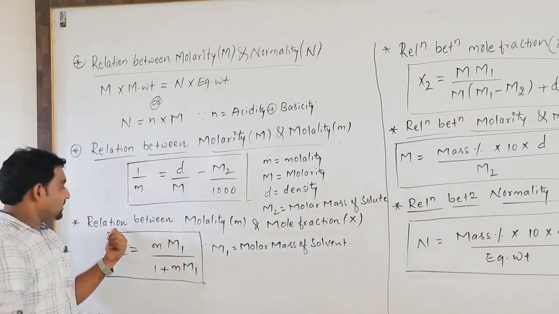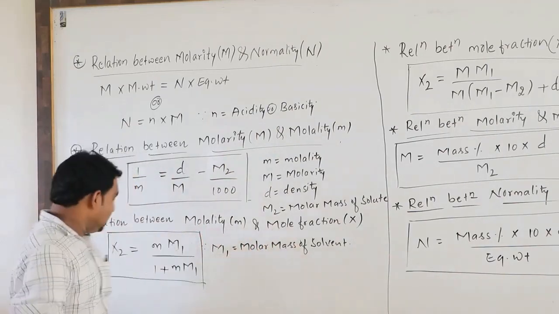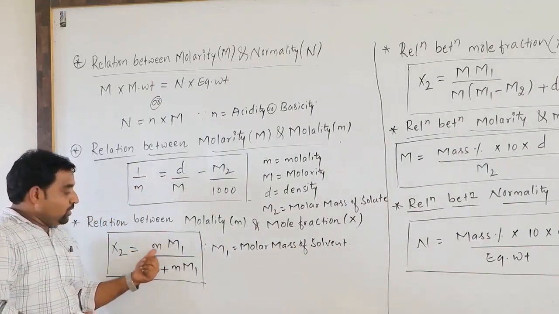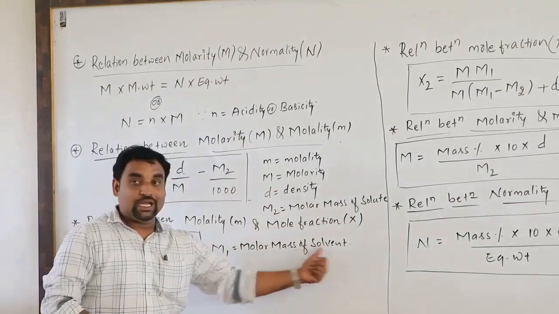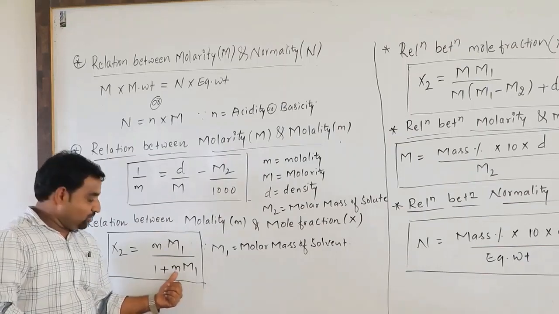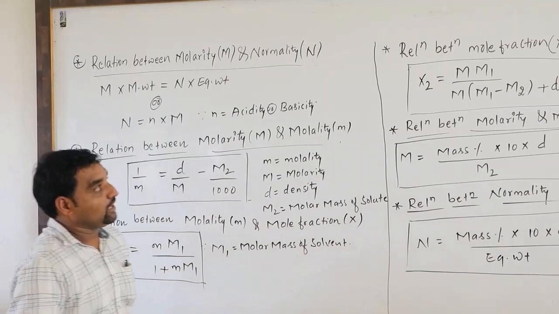And one more relation, between the molality and mole fraction. X2, the mole fraction of the solute, is equal to molality into M1, the molar mass of the solvent, divided by 1 plus m into M1, where m is the molality and M1 is the molar mass of the solvent. This is one more formula.